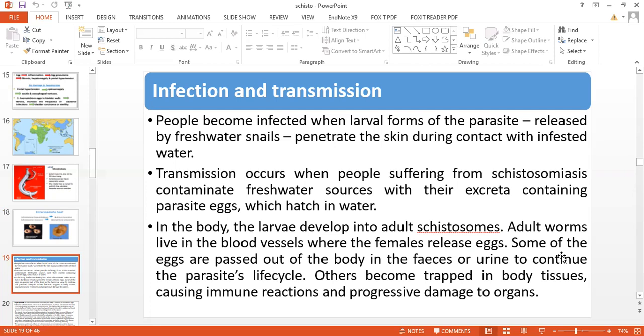In the body, the larva develops into adult schistosomes. Adult worms live in the blood vessels, where the females release eggs. Some of the eggs are passed out of the body in feces or urine to continue the parasite's life cycle. Others become trapped in the body tissue, causing immune reactions and progressive damage to the organs.